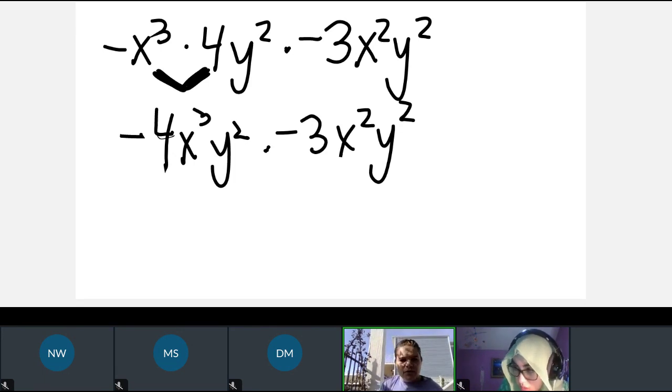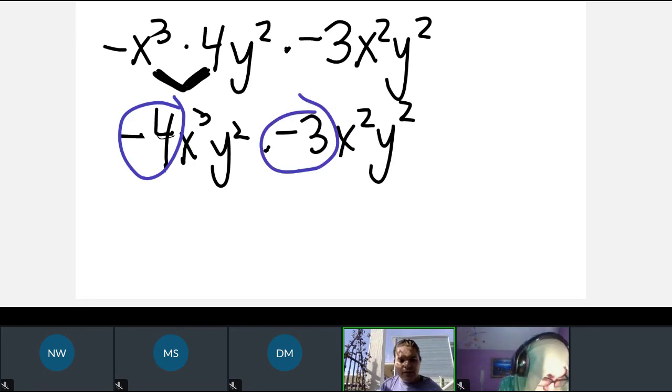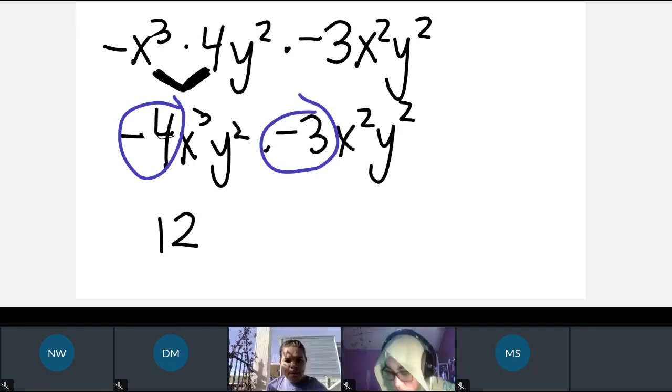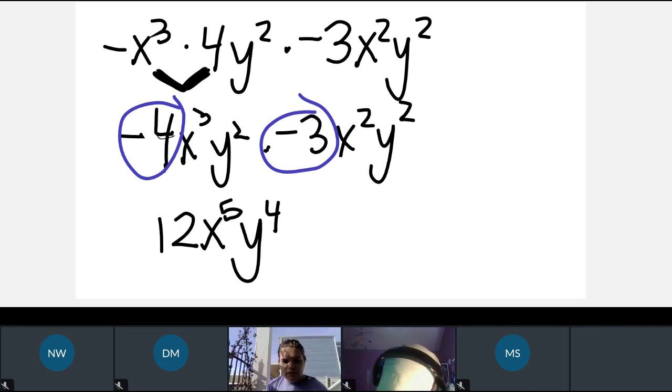So now I'm going to do the numbers first. So -4 times -3. That's going to give me a +12. I do have x's, so 3 plus 2 would be 5, and y would be 2 plus 2, which is 4. So that would be my final answer.